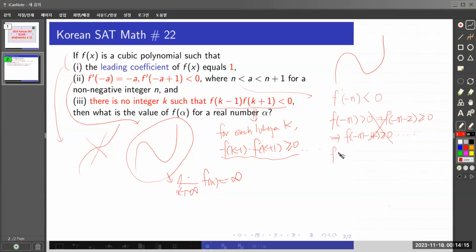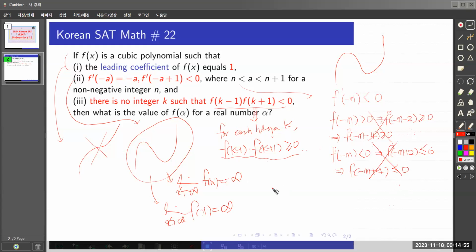And similarly, if f(-n) is negative, then f(-n+2) is less than or equal to 0, and f(-n+4) is also less than or equal to 0. However, look at this. As x approaches infinity, f(x) goes to infinity, which means that for certain values of x, it's always positive. So this also cannot happen.